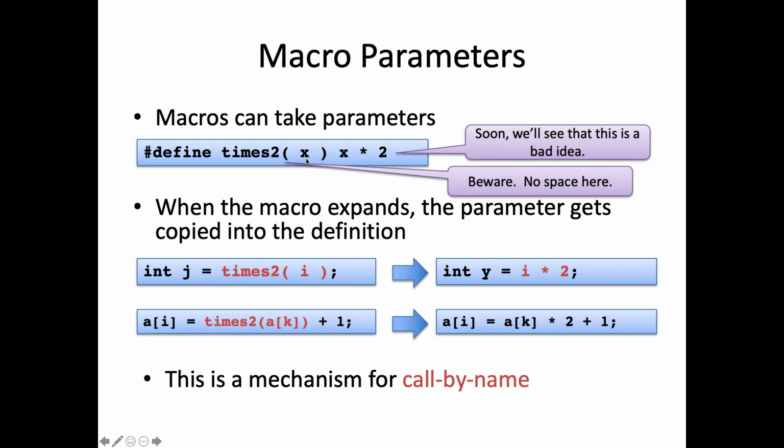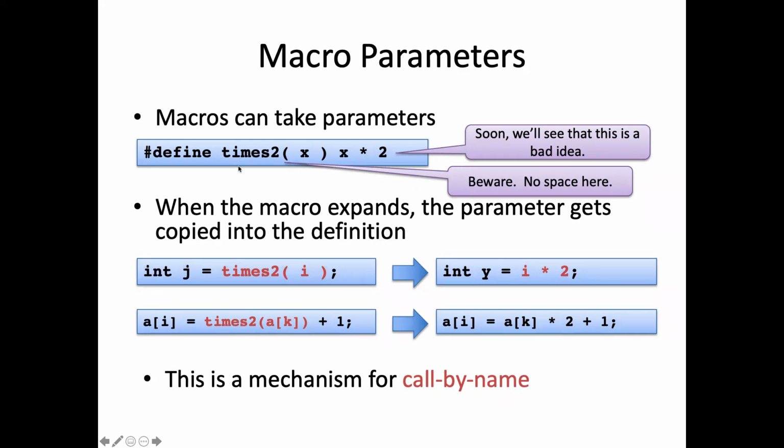What does a parameter do in a macro? I've got some examples that illustrate this. Just like any other macro, when it sees you use x2, it replaces it by its definition, by x times 2. But for x, it doesn't just use the character x, it uses whatever you pass in inside these parentheses.